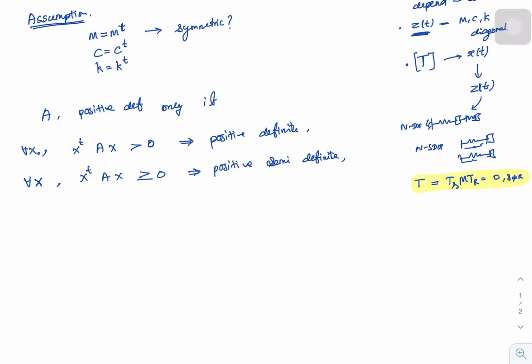Whenever the system is positive semi-definite, those matrices are symmetric, so A will be A transpose.